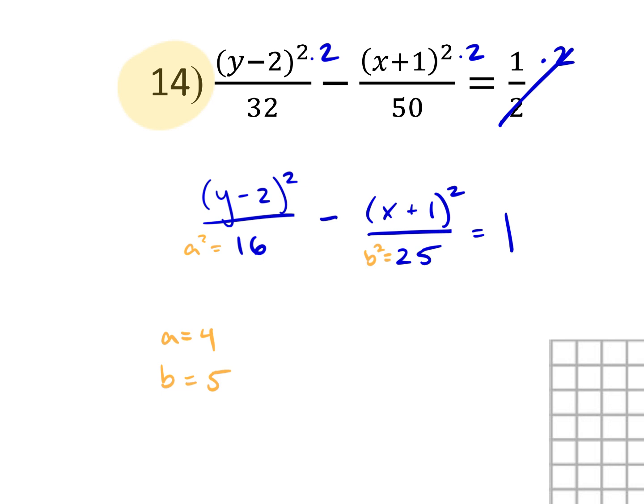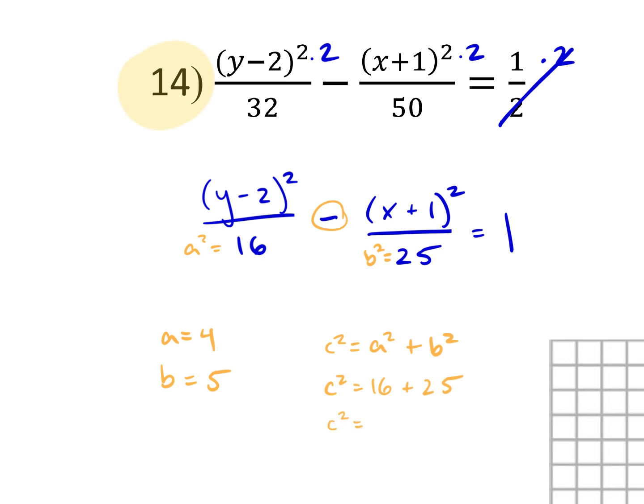To find C, what do we do? Awesome. C squared equals A squared plus B squared. So because the equation has a minus in the middle, the C formula is the opposite, so it'll have a plus. So C squared equals 16 plus 25.